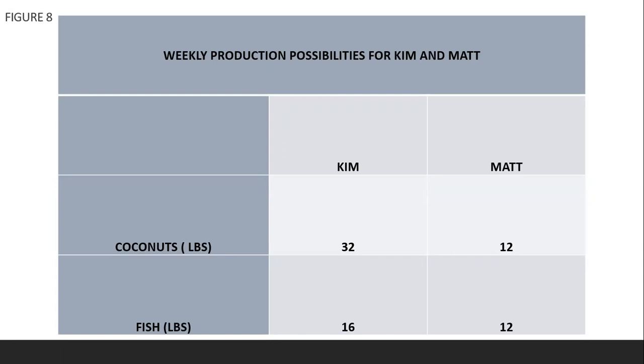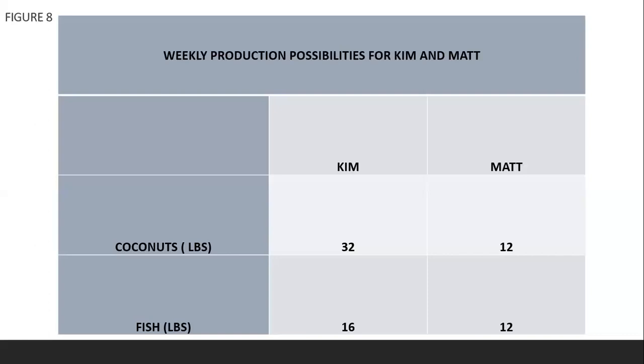So Kim is more productive in gathering coconut and catching fish compared to Matt. So we can say that Kim here has an absolute advantage over Matt. Kim is much more efficient at producing both goods.